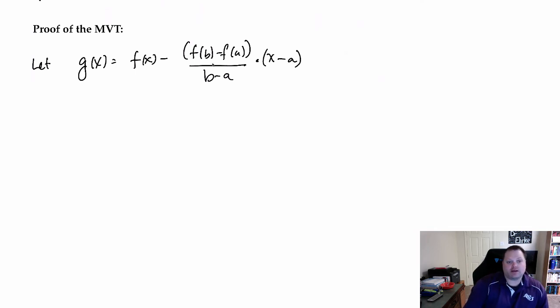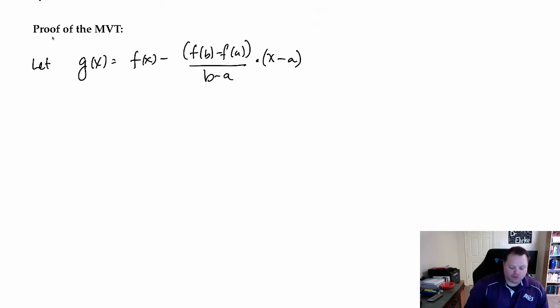So hopefully you recognize this. This is the tangent line to the function f of x at the point A. That's what g of x is. So this is the secant line. I'm introducing the secant line. Okay, so g of x is the secant line.